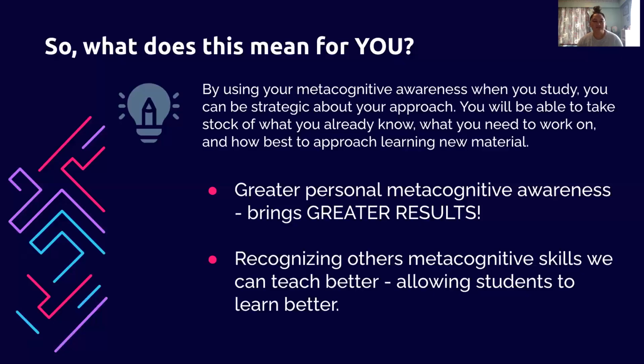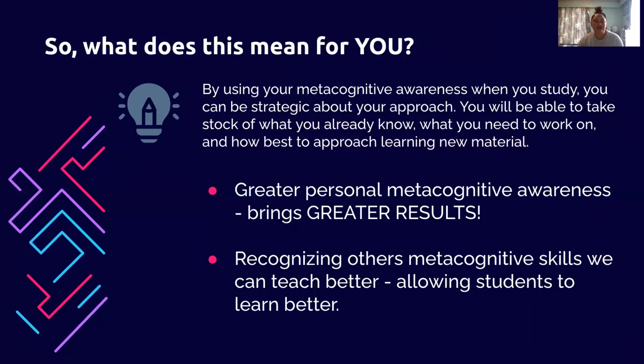So what does this mean for you? Well, we really need to be more aware about our own personal metacognitive cues, and think about how we study, what best works for us, and be strategic with that approach. Be strategic of how we take things in.